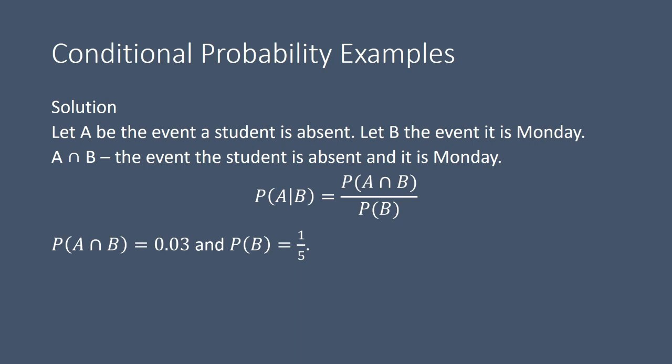And then the probability it is Monday today. Okay, so we are assuming here that there are 5 class days. Monday, Tuesday, Wednesday, Thursday, and Friday. So Monday is just one of the 5 class days. So the probability of B is 1 over 5. The probability that the student is absent given that it is Monday today is equal to this. 0.03 divided by 1 over 5 or divided by 0.2, and that is equal to 0.15.